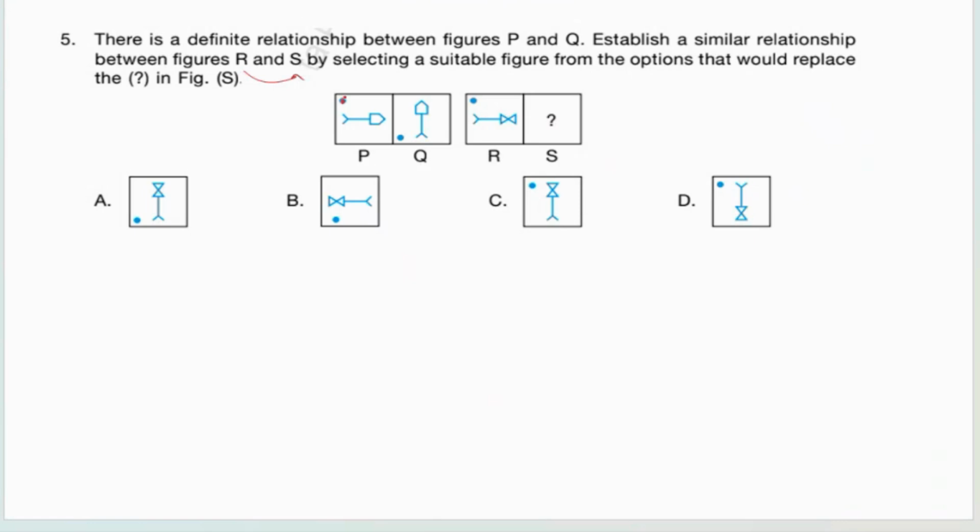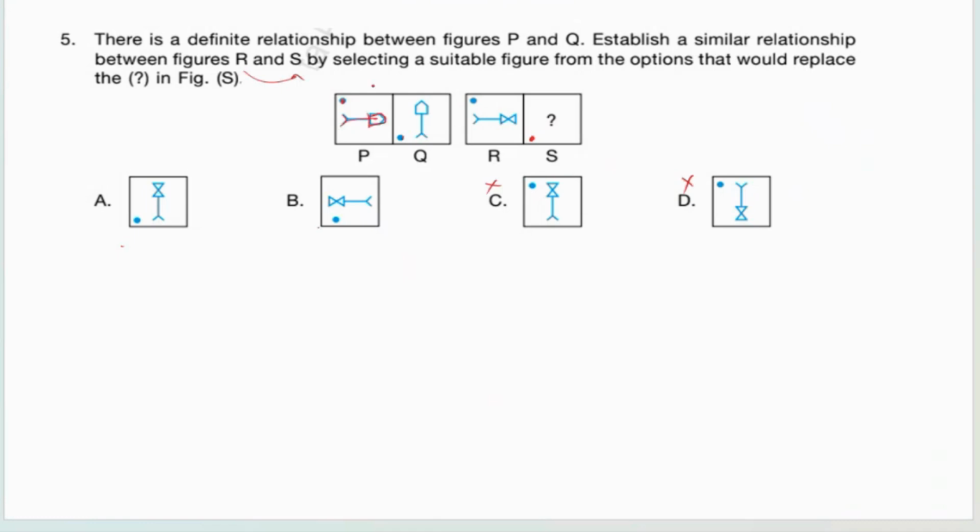From the first figure to the second, this dot should end with this one. Clear? So that will be my first check. If I'm ending with this one, either A or B option will be there, C and D can't be there.